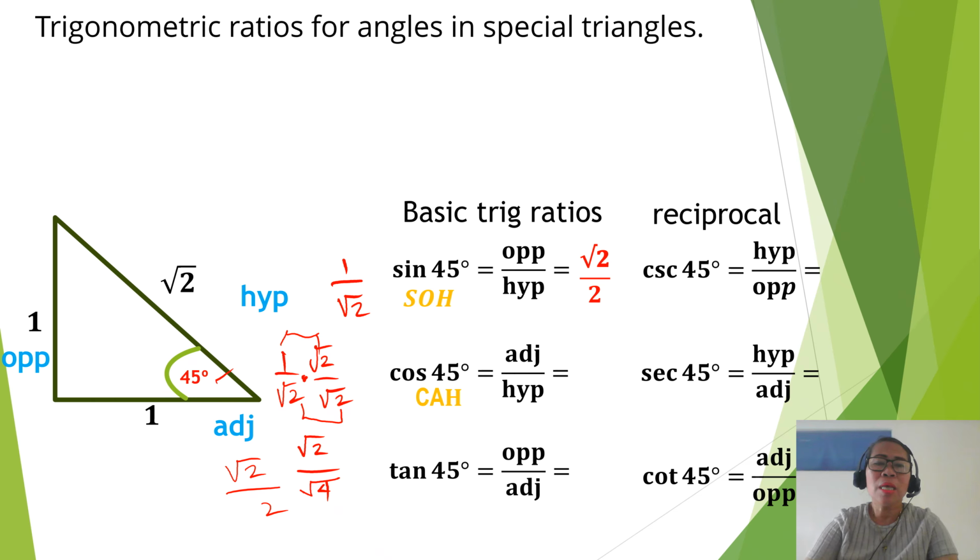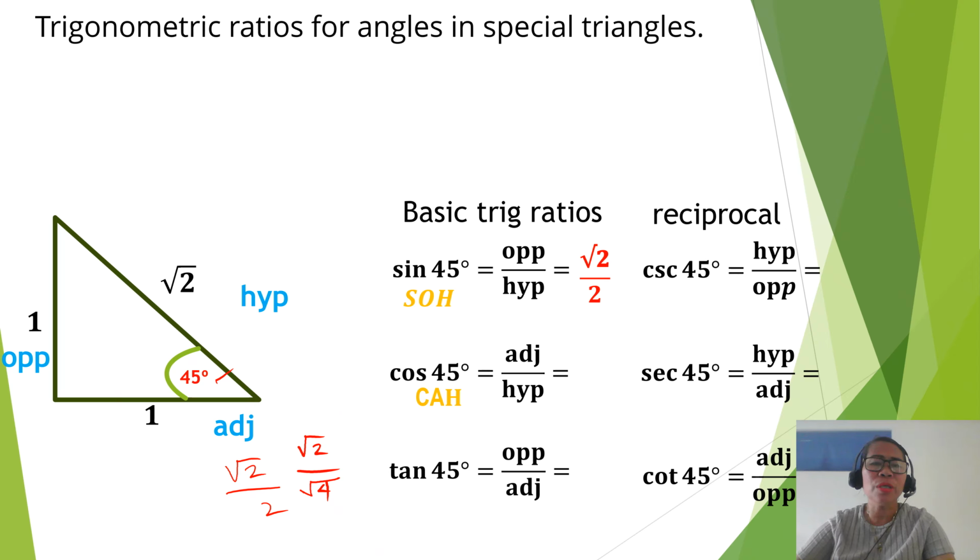Okay, next, the cosine of 45 will be adjacent over hypotenuse. What is our adjacent to the 45 degrees angle there? Adjacent is 1. The hypotenuse is the square root of 2. Still remember that we are having 1 over square root of 2, and it is just the same if you simplify it, because the sine of 45 is 1 over square root of 2, and we simplified it to square root of 2 over 2.